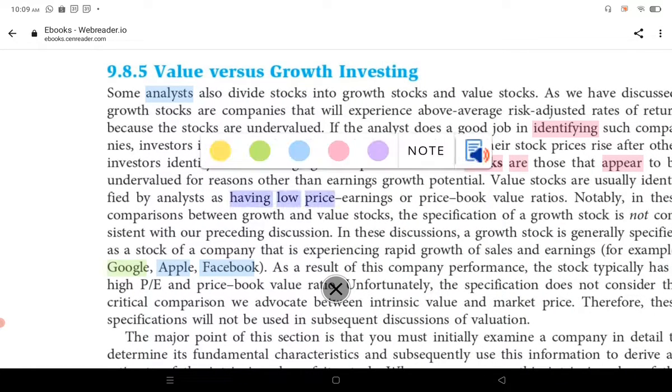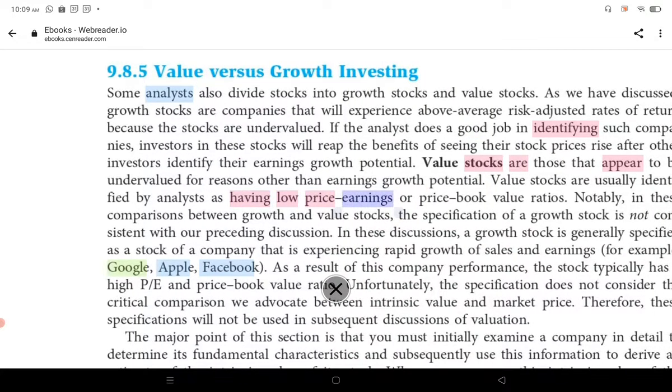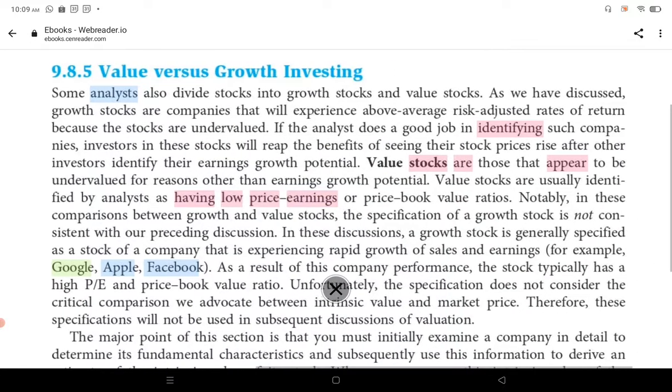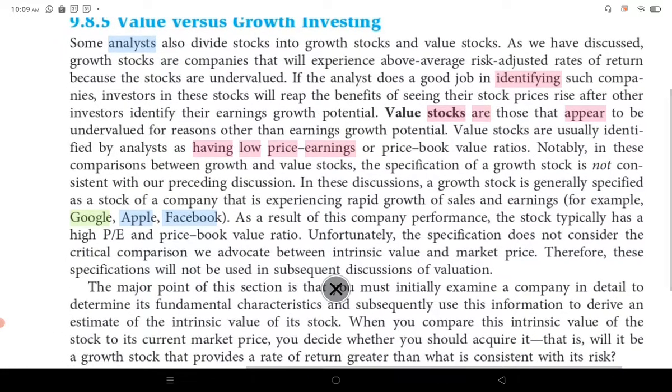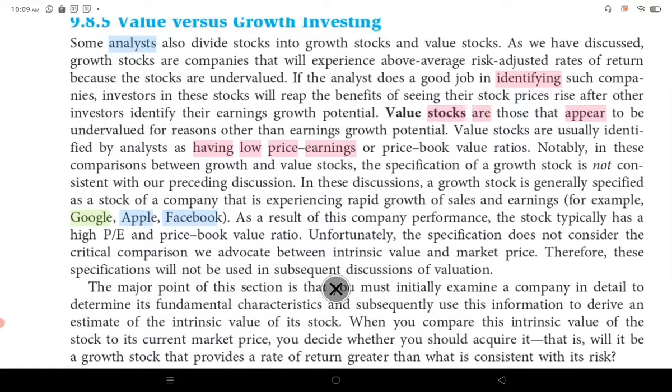So usually low PE, or the price to book value ratio is also low. Notably in this comparison between growth and value stock, usually value stocks have a low price earning ratio. So we call it a value stock, okay.